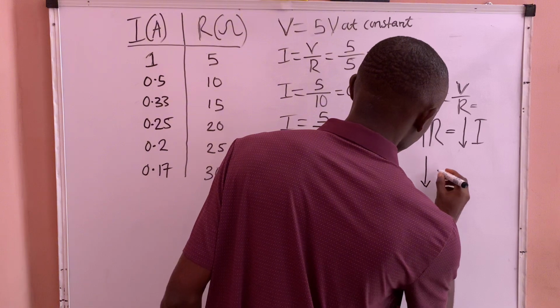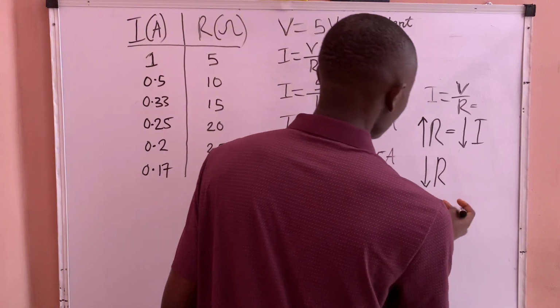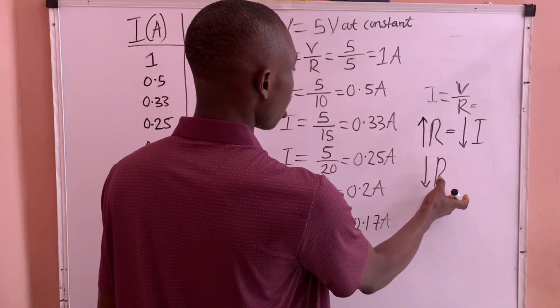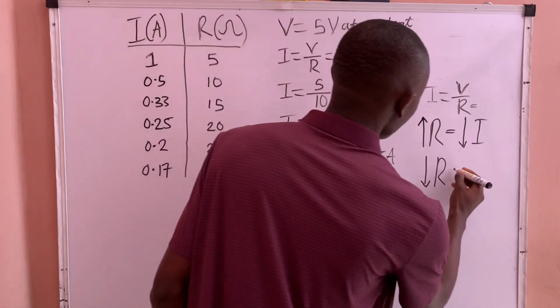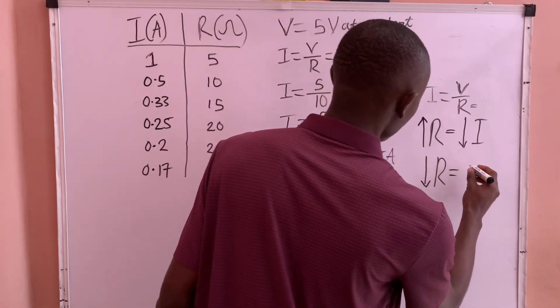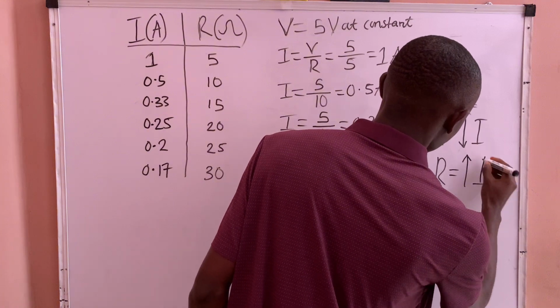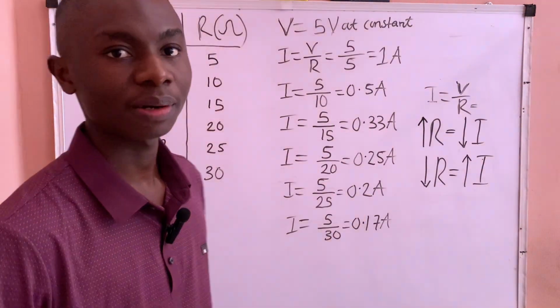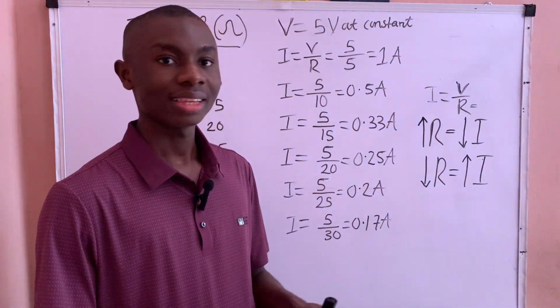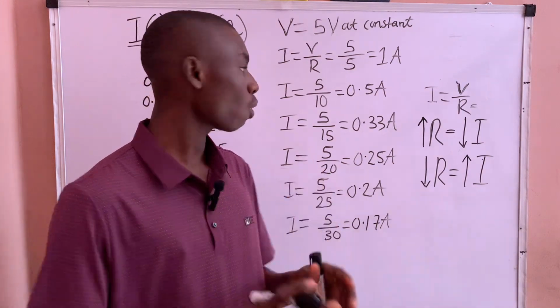If we decrease our resistance value, the value of our current will increase. So that is the entire concept of Ohm's law. That is what Ohm's law is all about.